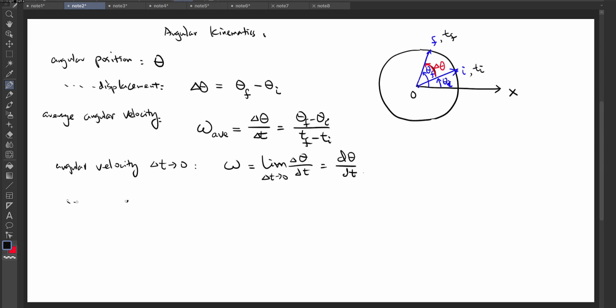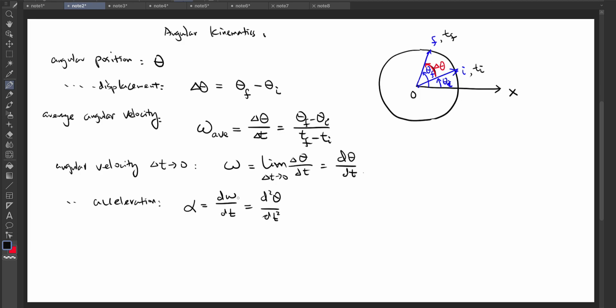Now, angular acceleration will be the second order derivative. So I'm going to write these out directly. The symbol for angular acceleration is alpha, which is d omega dt that we have here, or the second order derivative of the angle.